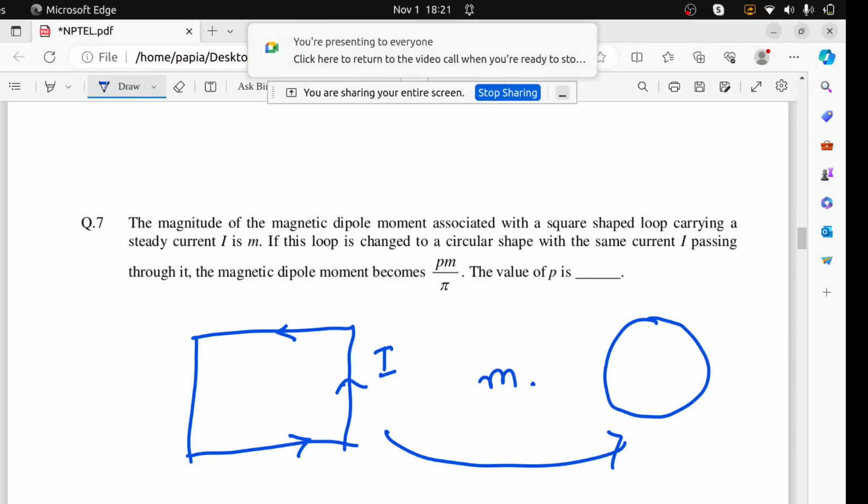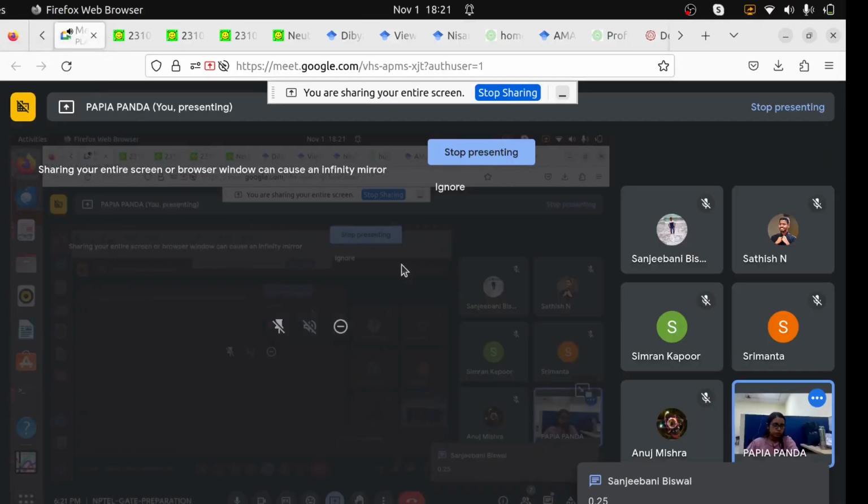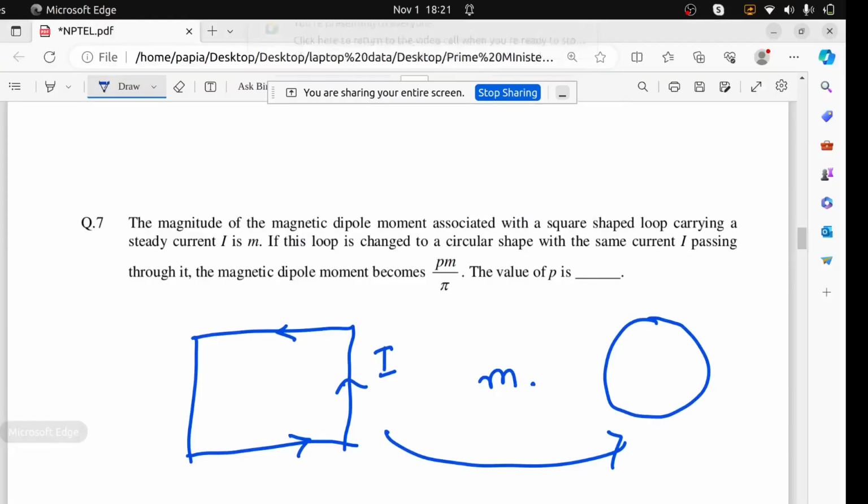Someone has already written 0.25. I mean, you are telling that the P value is 0.25. Okay, we will check whether it is correct or not. Here I am just changing this square shape loop to a circular shape loop, and again the current I is passing.